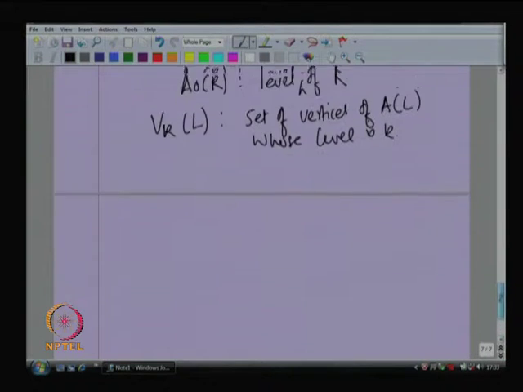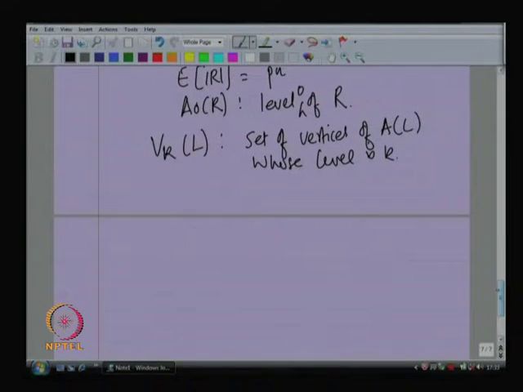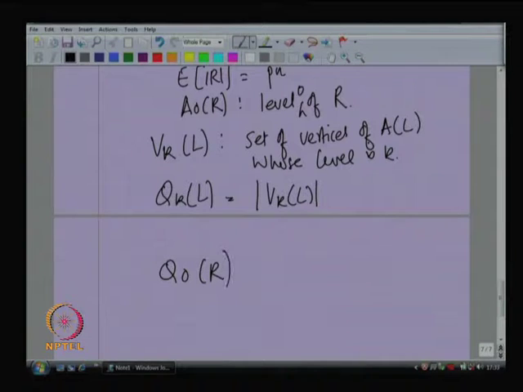As you remember, our notation was that phi K L is nothing but the size of V K L. Then what I want to do is look at phi 0 R, the number of vertices on the low envelope of the random subset of the lines that I have chosen.